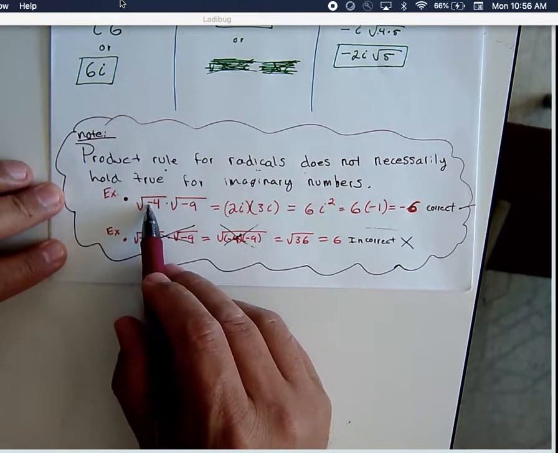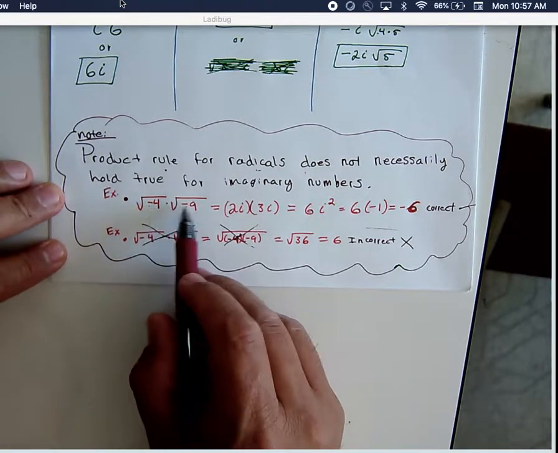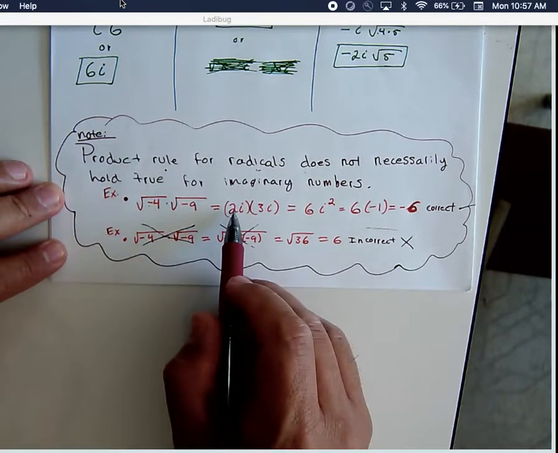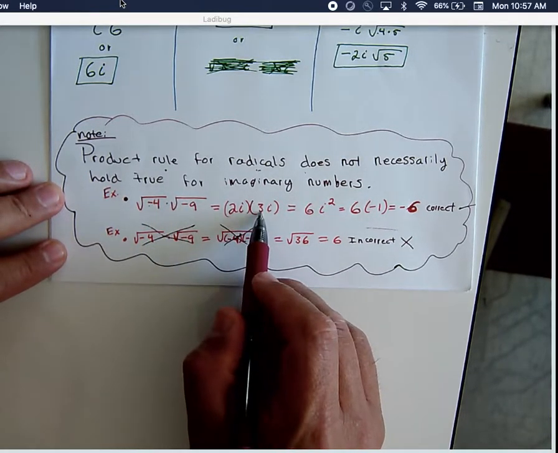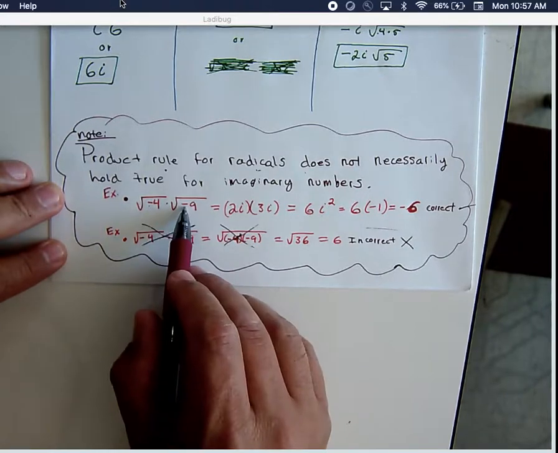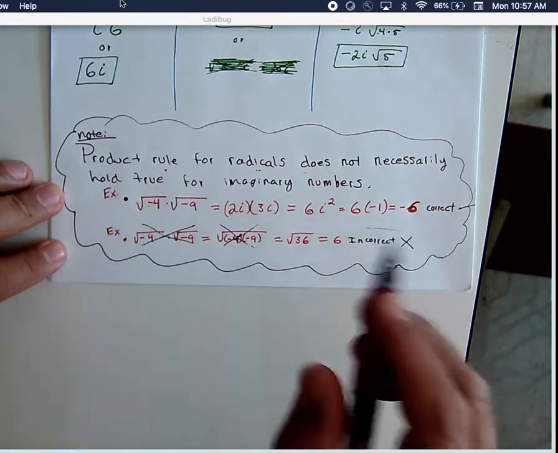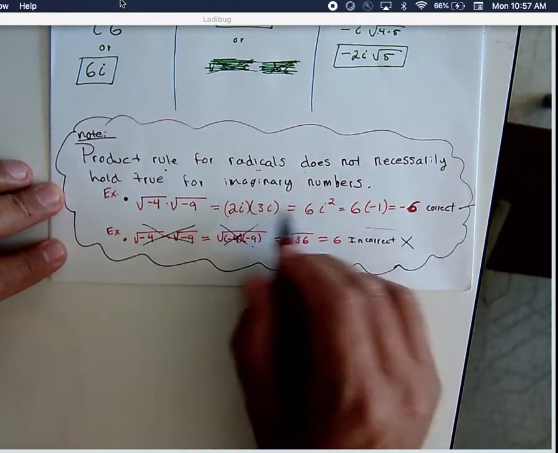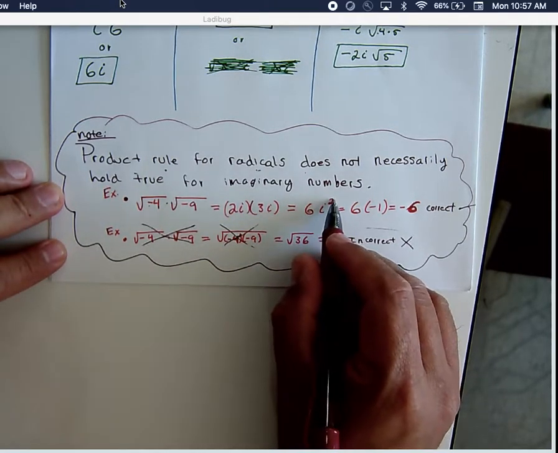The negative part you would make into an i. And then the square root of 4 would be 2, and the square root of 9 would be 3. So again, the i is that negative part inside the square root. So now you multiply them, so 2 times 3, 6, i times i, i squared.